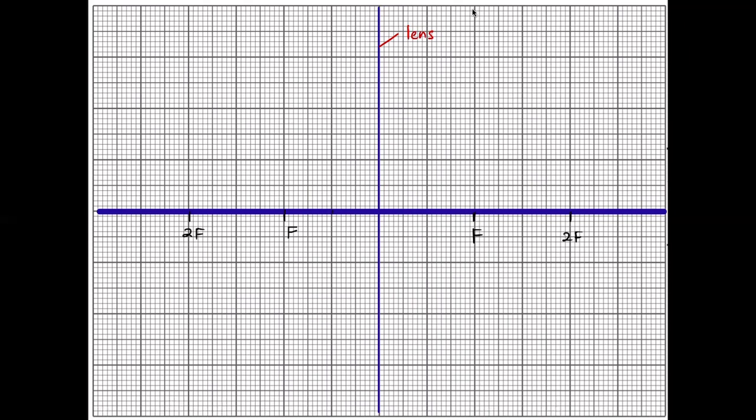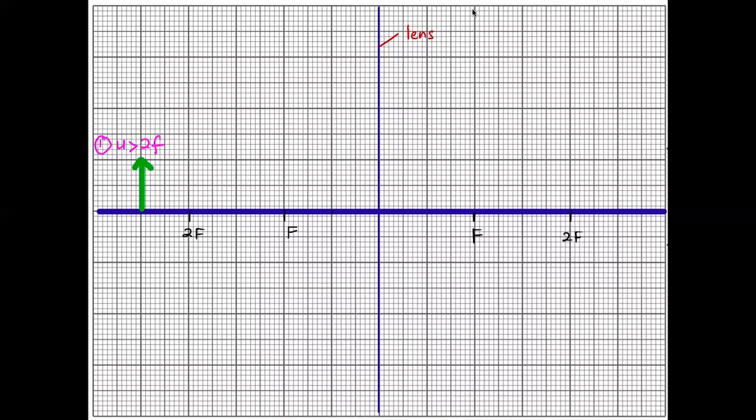The first one is when the object is more than 2F. So let's say this is the position of the object, more than 2F. This is number 1, position of the object is more than 2F.